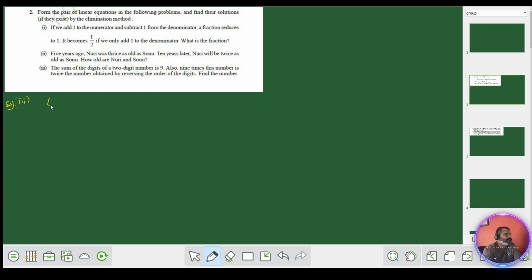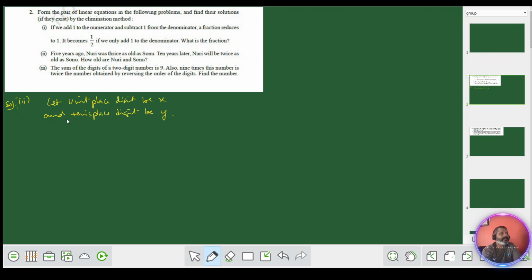Okay. Let the unit place digit be x and tens place digit be y.